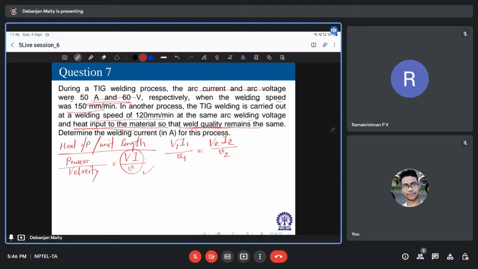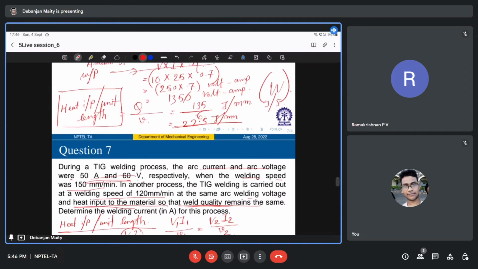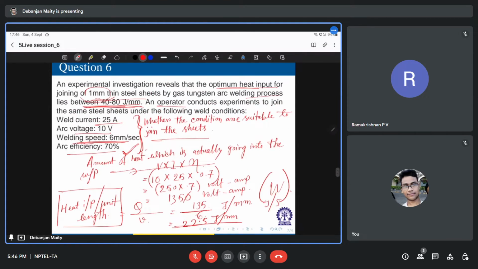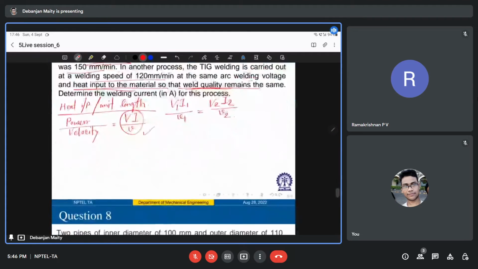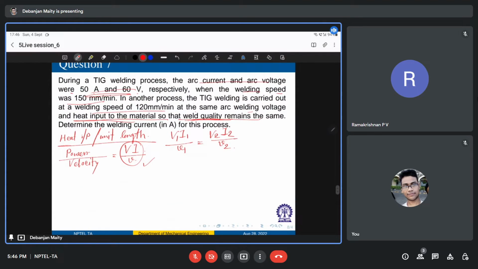Here we are assuming that in the earlier question there was some arc efficiency given. Here we are assuming that it is 100% efficient, but of course in reality it is not that way. So let us ignore the efficiency part.